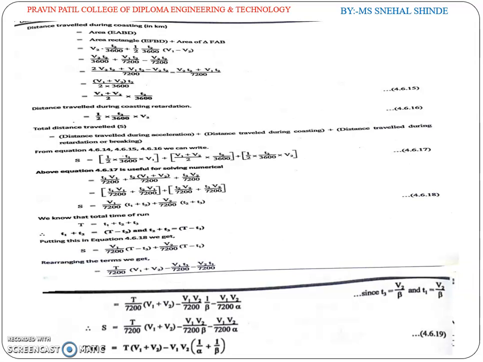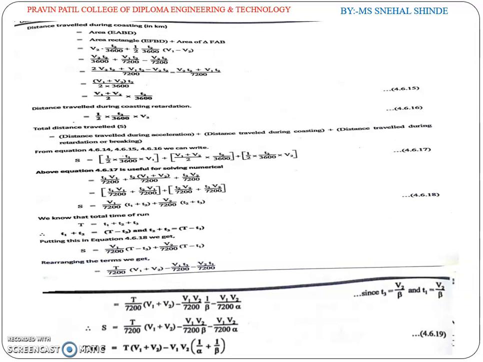Next is the distance travelled during the coasting in kilometers. It equals the area EABD, so the area of the rectangle EFBD plus the area of the triangle FAB.